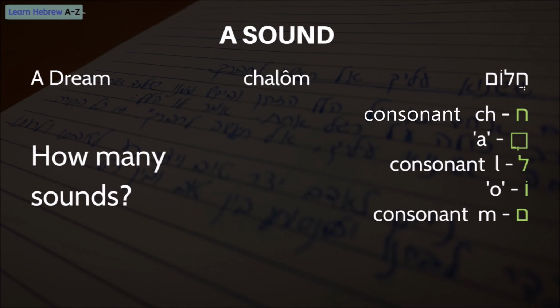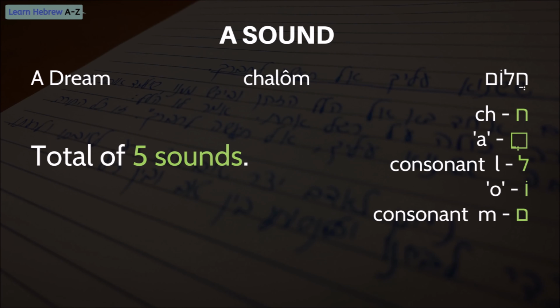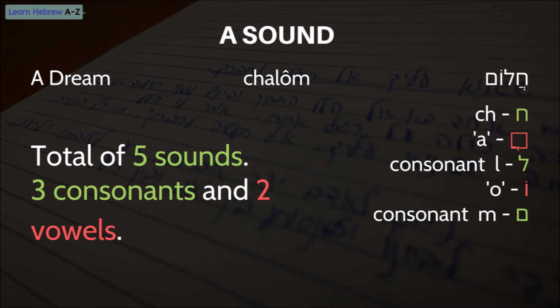We have a total of 5 sounds, 3 consonants and 2 vowels.